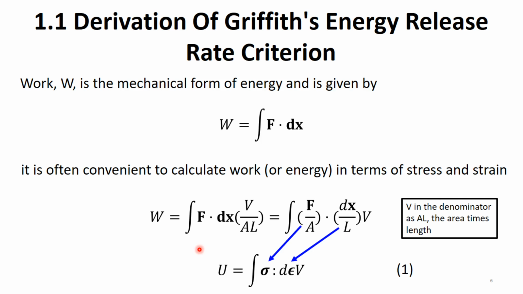So we have equation 1, which is U equal to the integral of sigma into d epsilon times V. Let's proceed further.